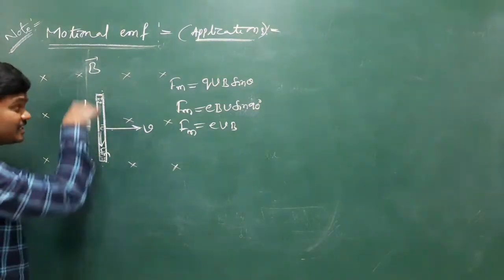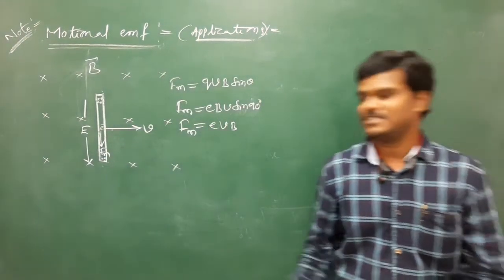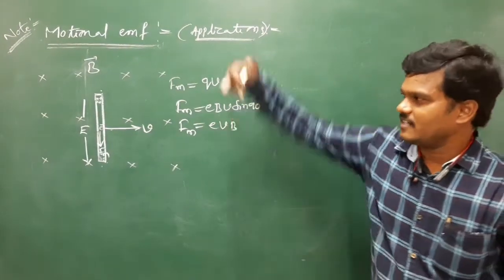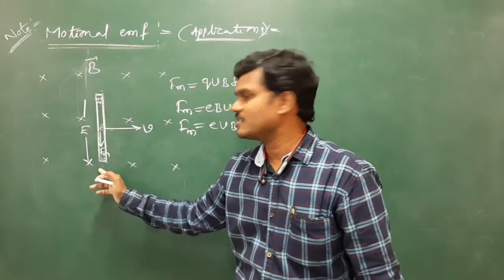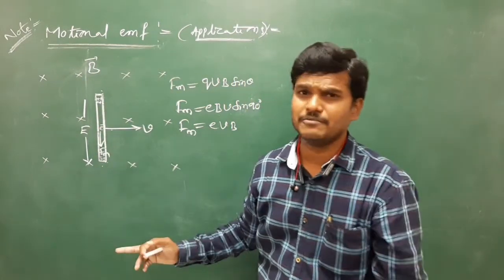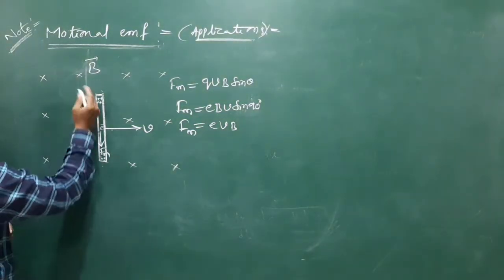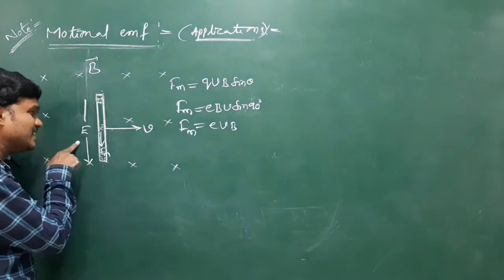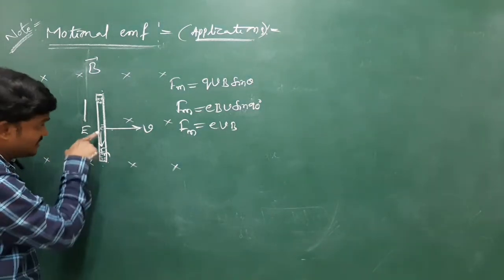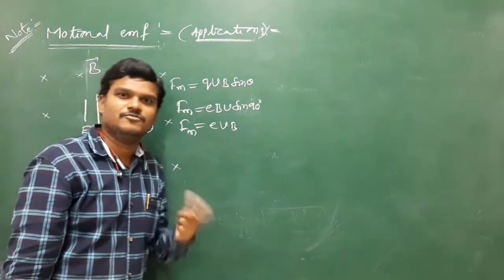See, the electric field is in what direction? Downward direction. Okay, just listen. The electric field is downward because here the direction of electric field is positive to negative. Due to this electric field, this electron again experiences a force.